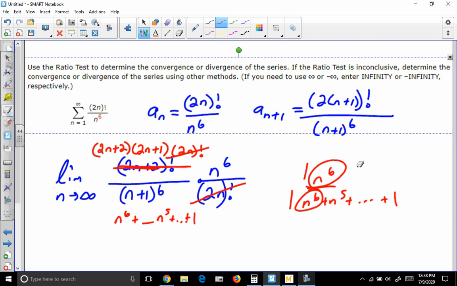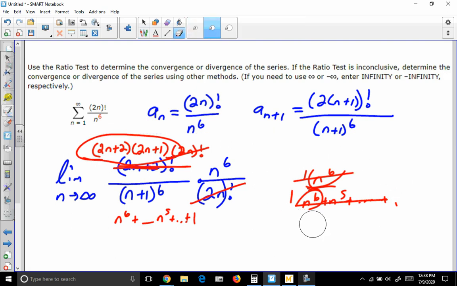So the limit as n goes to infinity of this over that just makes 1. So this is the part that we really have to be concerned about. Now, if those were different degrees, then if the degree on top is bigger, it would go to infinity. If the degree on bottom was bigger, it would go to 0.